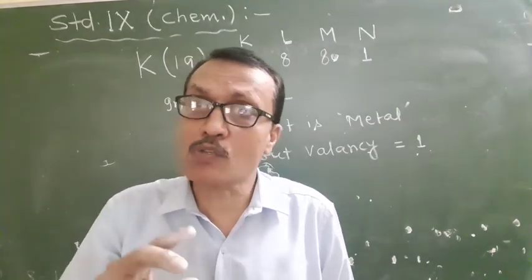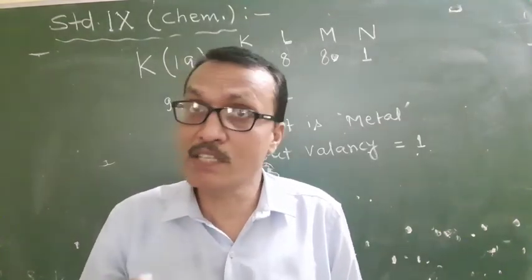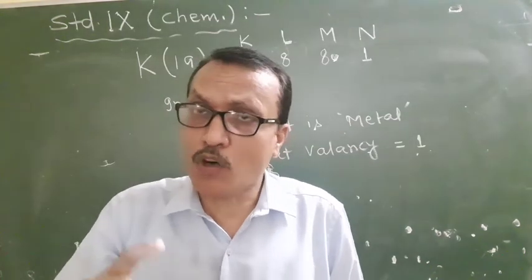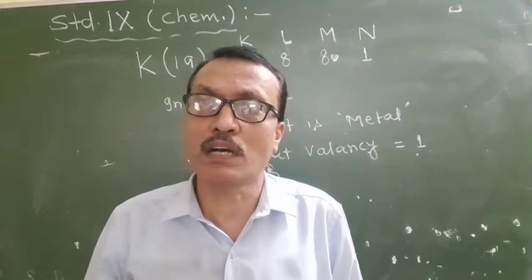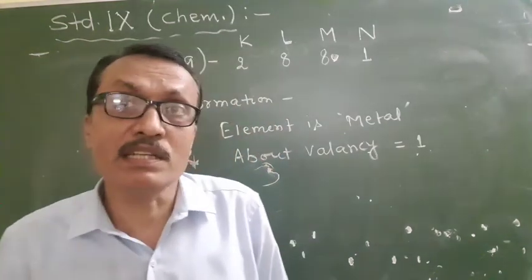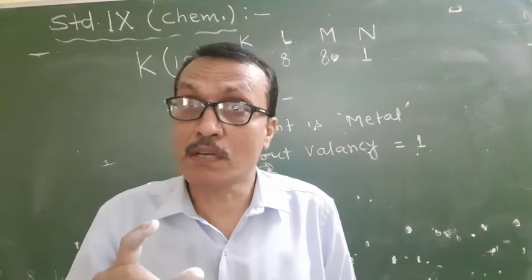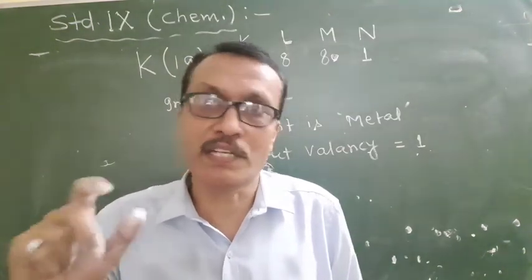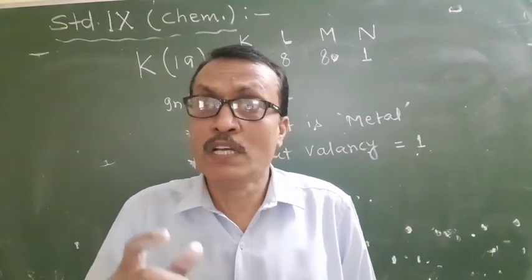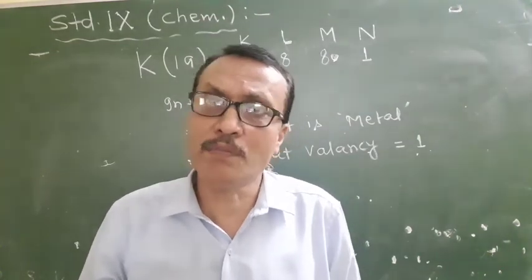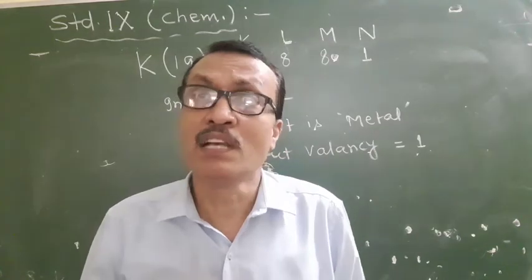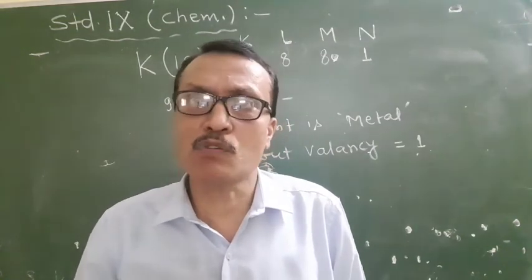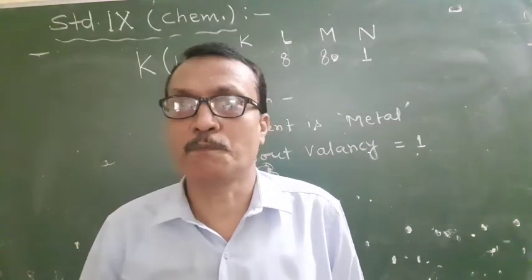But in case of 5, the valency will not be 5. In case of more than 4 electrons in the outermost orbit, the valency is calculated by subtracting the outermost orbit electrons from 8. So if an atom has 5 electrons in the outermost orbit, then the valency of that element will be 8 minus 5 equal to 3.